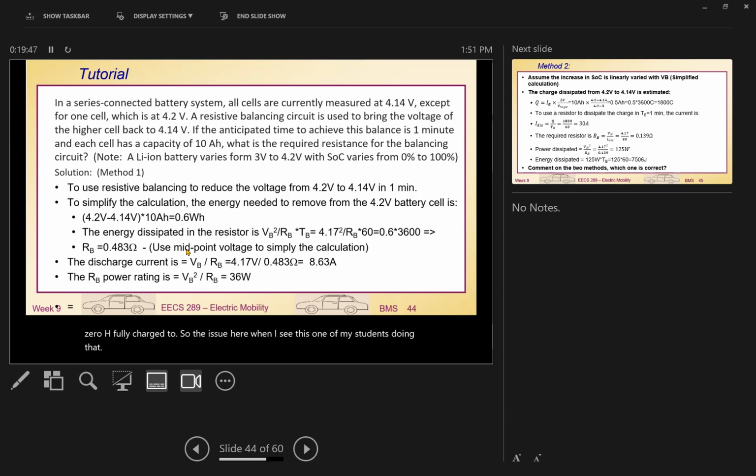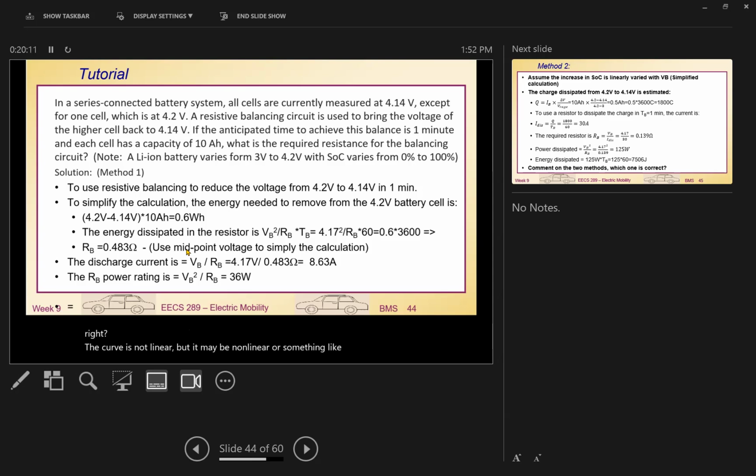You see, we start from, say, 3 volt here, and we charge to 4.2. And then the SOC goes from 0% to 100%, right? Then the curve is not linear, but may be non-linear with something like that.